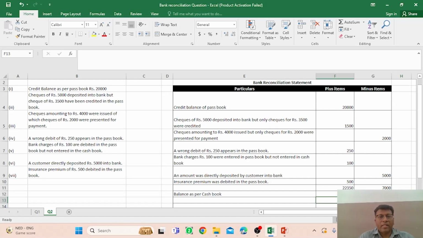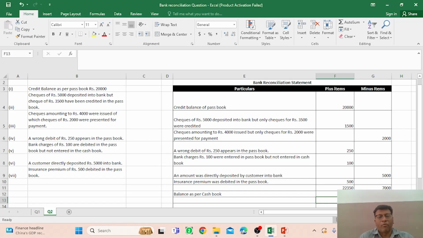Okay, so after trying these two numerical exercises, you now have the experience of how to prepare the bank reconciliation statement very effectively. My suggestion to you is that if you do more exercises and more practical problems, you will have the ability to prepare the bank reconciliation statement very effectively.